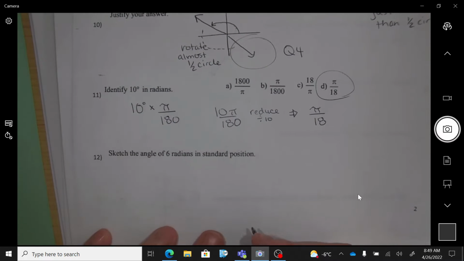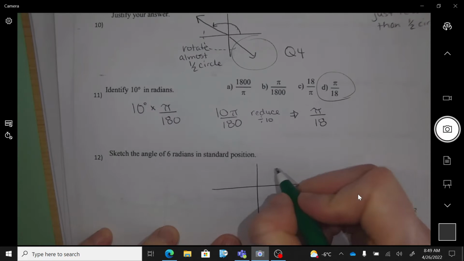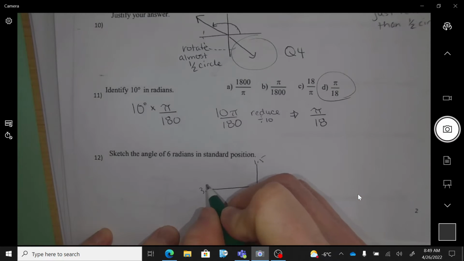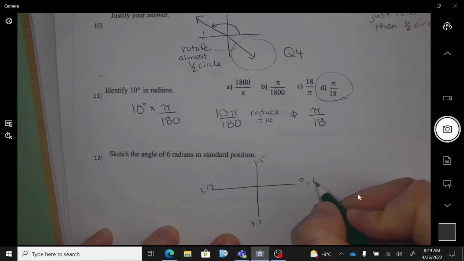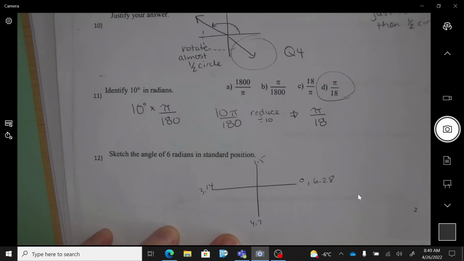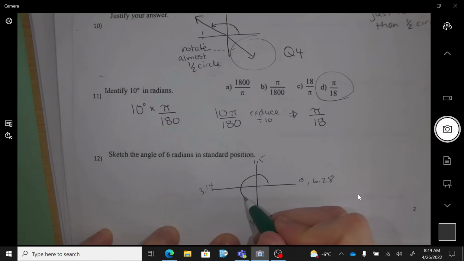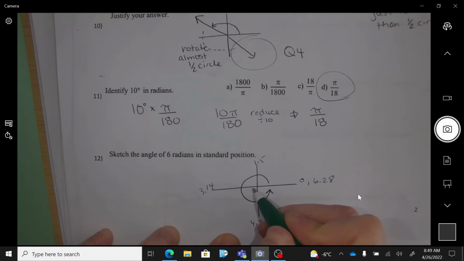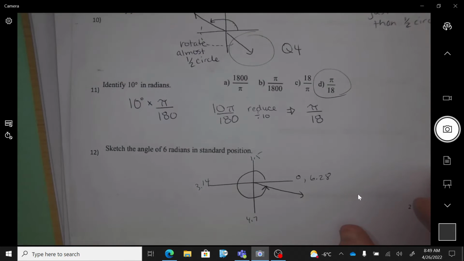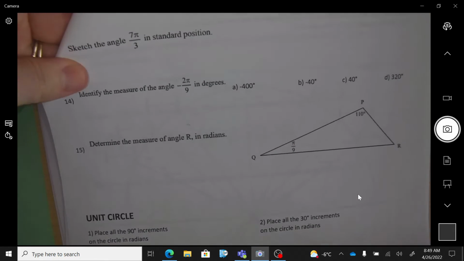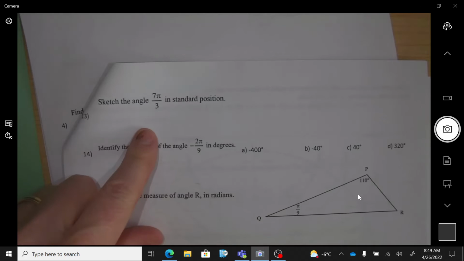Sketching 6 radians. So we knew 1.5-ish, 3.14-ish, 4.7, and then this would be 6.28. So 6 is just shy of being at 6.28. Sketch in standard position.